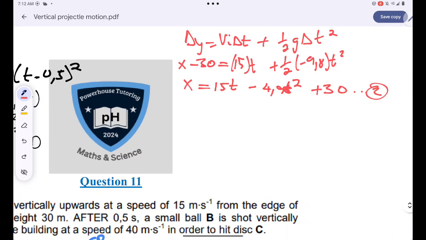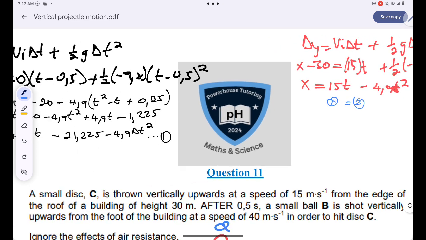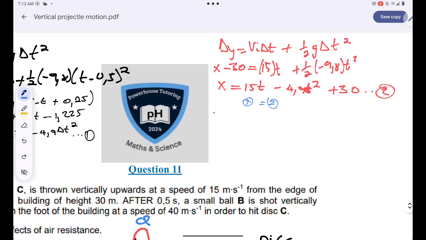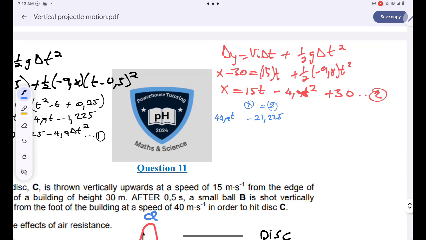Let me try to pin it here. Let me write in blue. Equation 1 is equal to equation 2. Ne? What is equation 1? I have 44.9t minus 21.225, I'm assuming, yes, minus 4.9t squared.